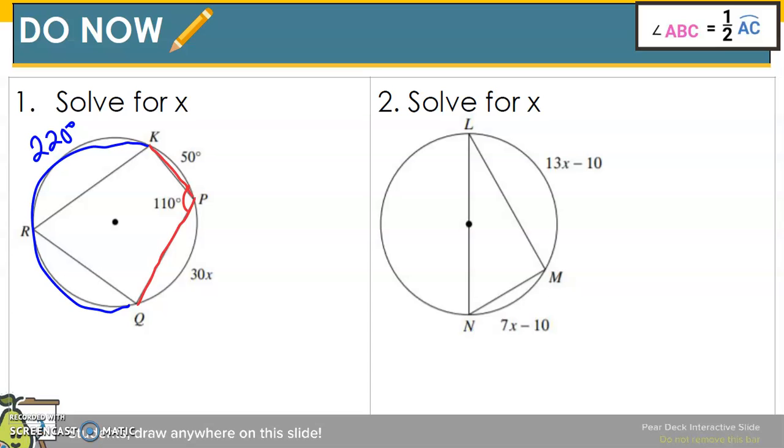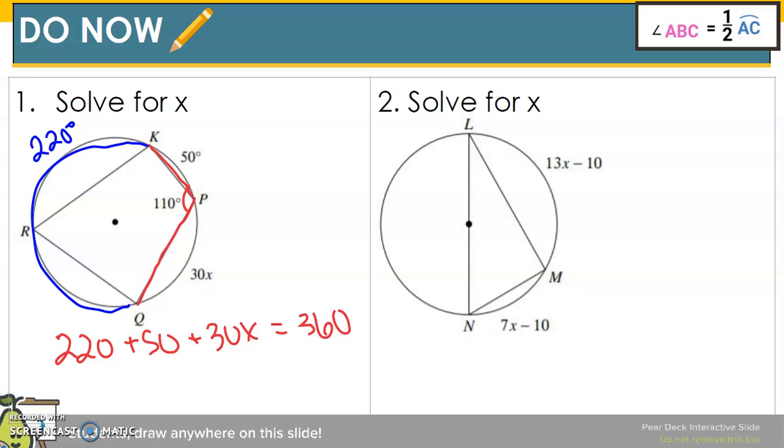All we need to do is set that equal to the total degrees of a circle. That's going to add up to 360. So we would have 220 plus 50 plus 30x equals 360 degrees.